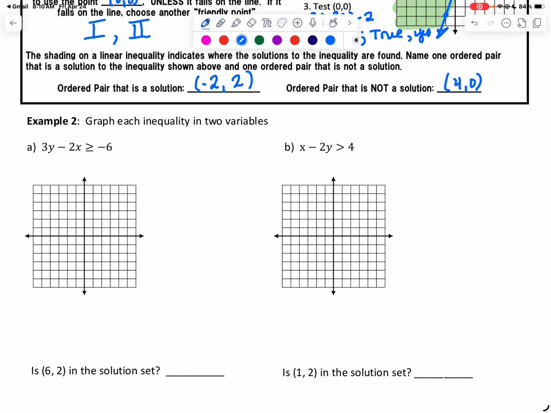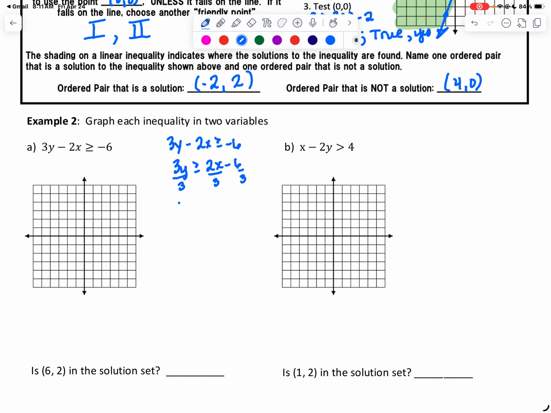To put it in slope-intercept form, I need to add the 2x to both sides and then divide by 3. So let's take our inequality 3y minus 2x is greater than or equal to -6. If I add 2x to both sides, I get 3y is greater than or equal to 2x minus 6, and then divide everything by 3.